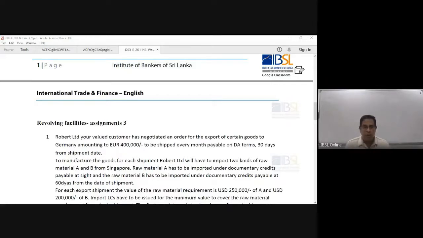So that's the defective documents may cause delay in release of goods by the customs, thus effectively reduce the credit period for sale of goods.